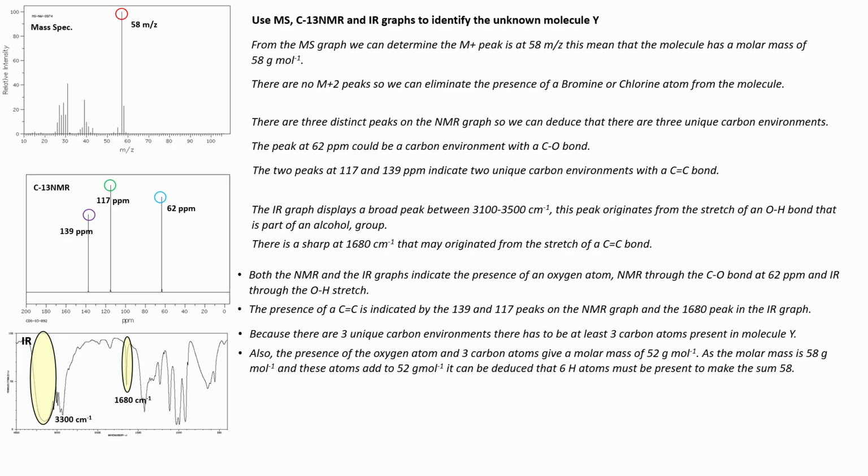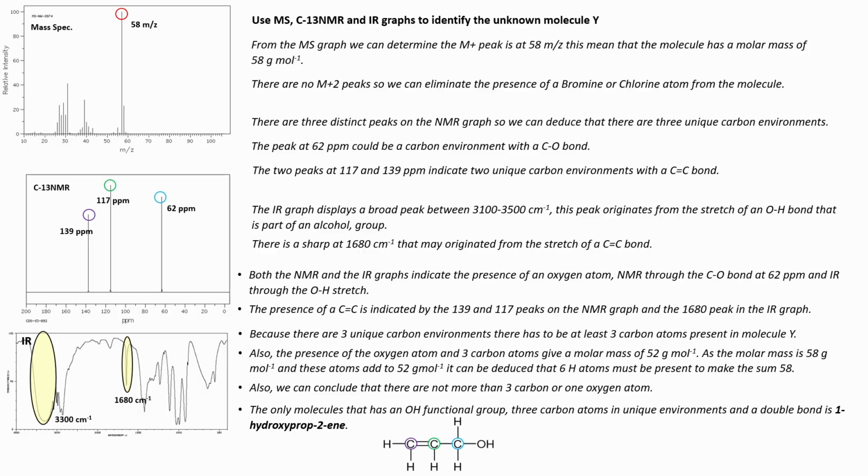Okay, I get a molar mass of 52. Now, the molar mass of this molecule is 58, which means if I have three carbons and oxygen, I've got 6 more units to make up, and they can be made up by 6 hydrogens. So the molecule I'm going to draw has 3 carbons, 1 oxygen, and 6 hydrogens.